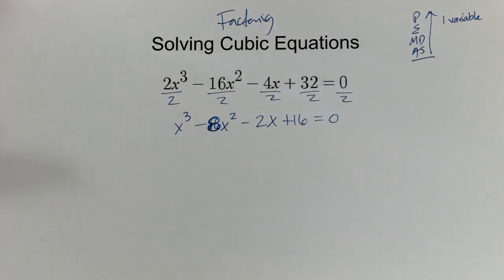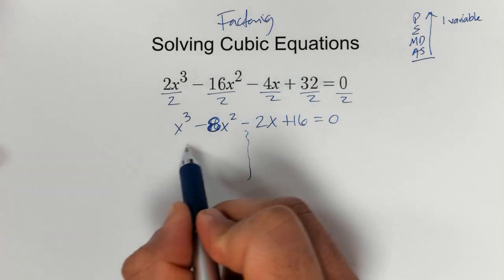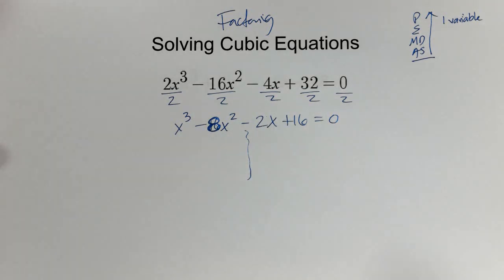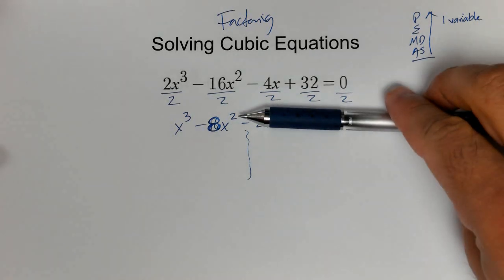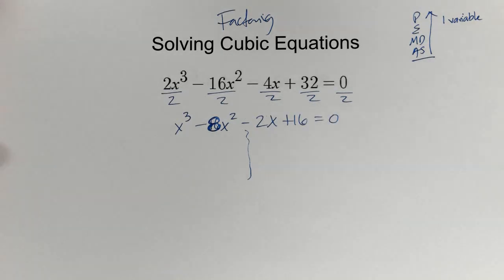Now, factoring a cubic is a little different than factoring a quadratic, right? So I'm going to do this by separating this into 2 groups. The group on the left and the group on the right. So what I do is I look at the group on the left, this half of the problem. What do these 2 share in common? Well, they both have an x in common.